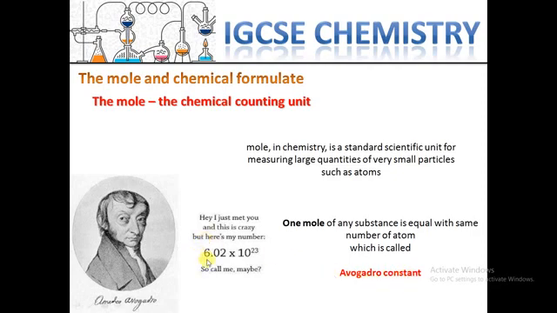That means this number is constant, is fixed as 1 mole of any substance. If we have 1 mole of any substance, that means we have 6.02 times 10 power 23 atoms in 1 mole.